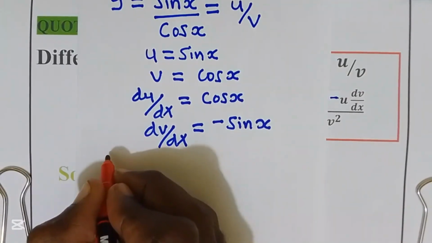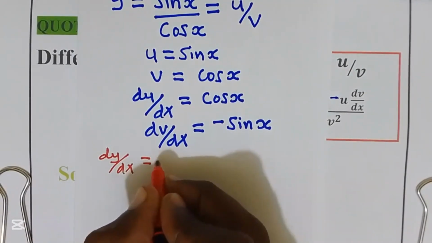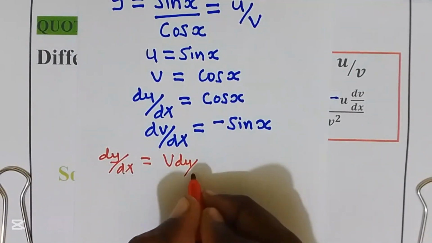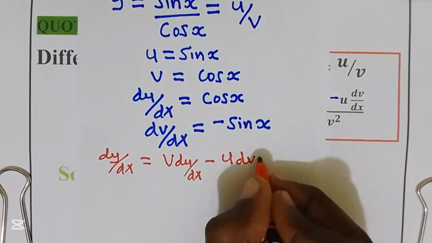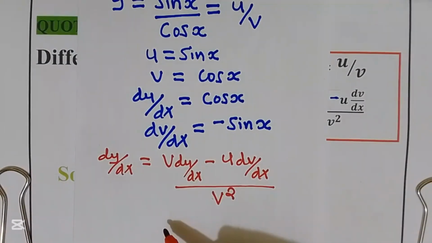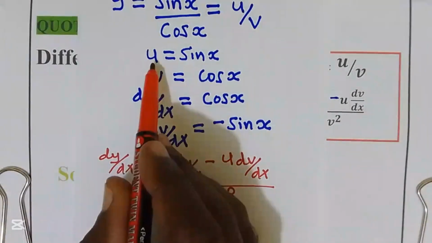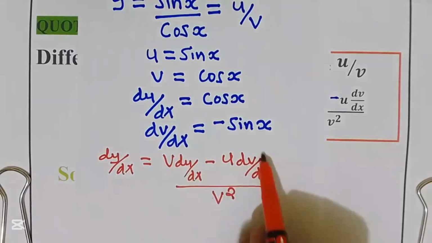Let us apply the formula, dy/dx is equal to v du/dx minus u dv/dx over v square. I'm going to substitute u, v, du/dx, and dv/dx into my formula.